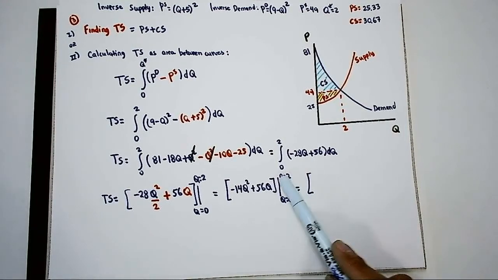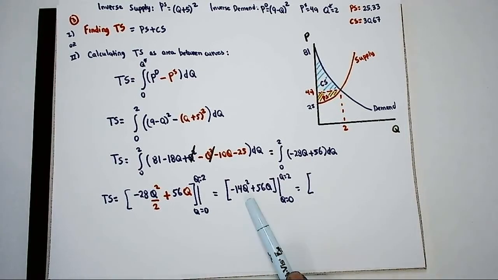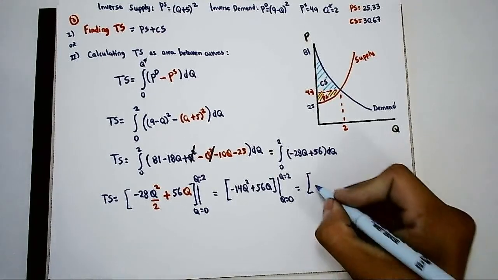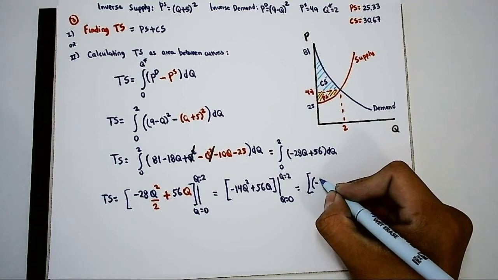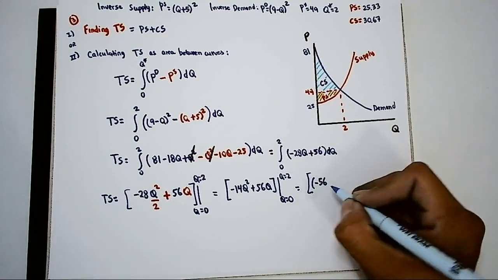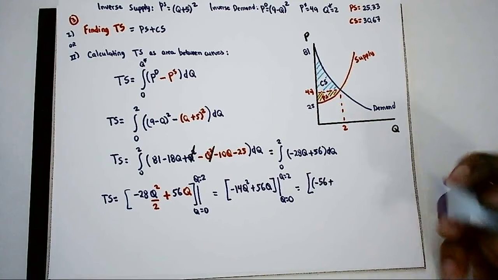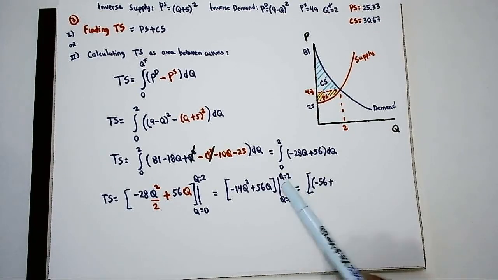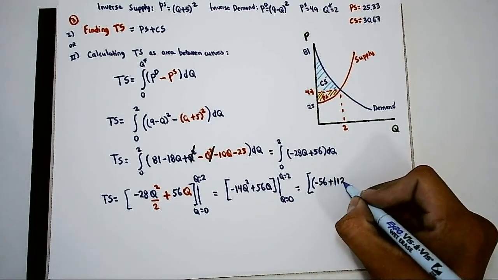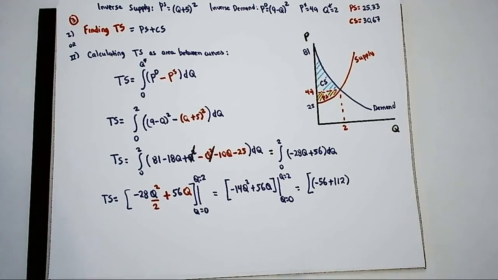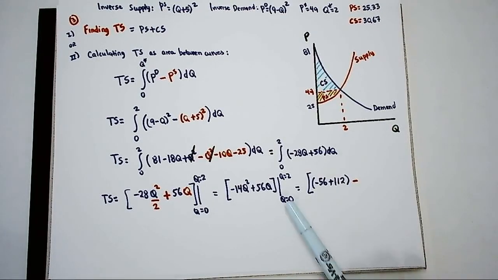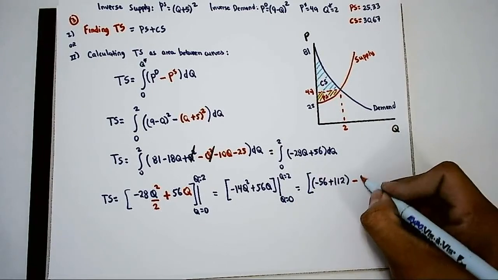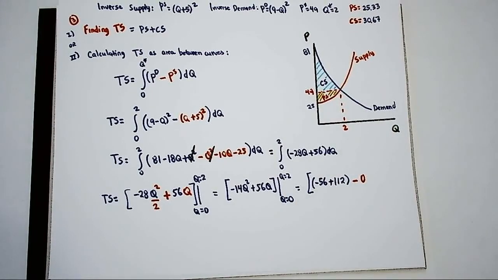When Q is equal to 2, we have 2 squared, which is 4. 4 times 14 is negative 56, plus 56 times 2 is 112, minus, if we substitute Q equals 0, the whole term is simply 0.